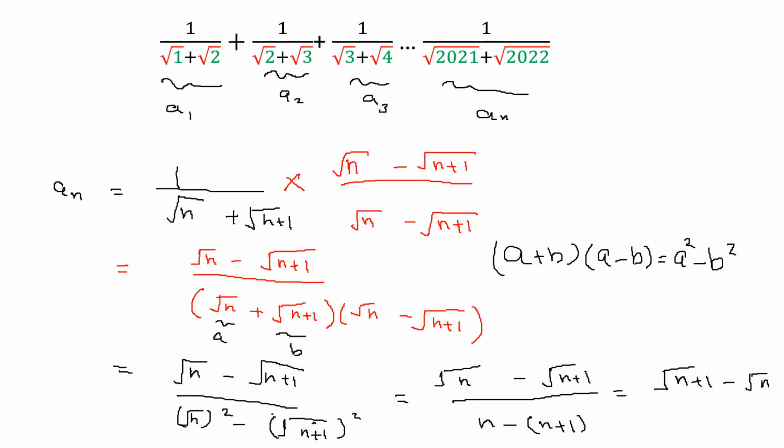Okay, so this is our a_n. Up to now, we know that a_n equals square root of n plus 1 minus square root of n. If I need to find the sum, for n equals 1 to 2021 of this a_n, what does it make? This makes a telescopic series.